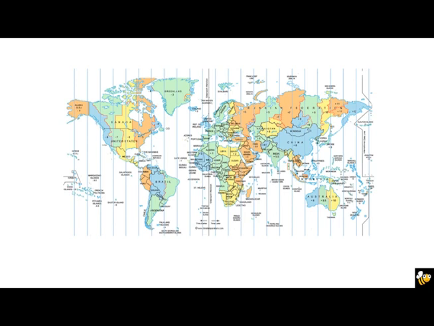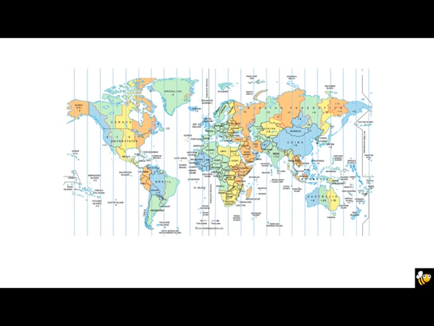For example, as the earth rotates from west to east, all places which are in the east of Greenwich, the 0 degree longitude, will always be ahead of Greenwich, and those in the west of Greenwich will be behind Greenwich.